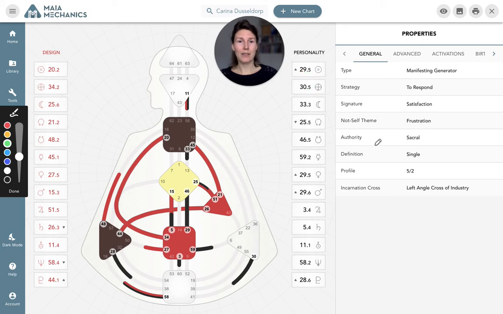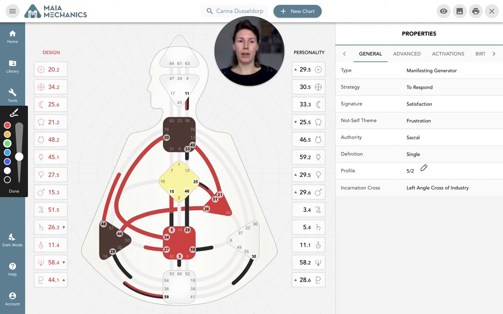So for me, my conscious profile line is a 5. And when we go to the design side, you see these two, the sun and the earth, and then you see a 0.2. 0.2. So the 2 is the unconscious line. And so together that makes a 5-2 as a profile.